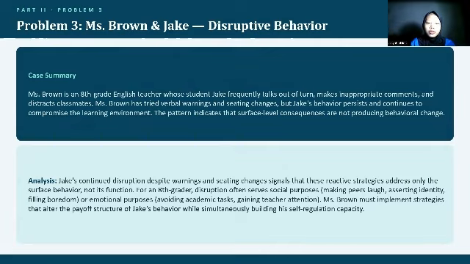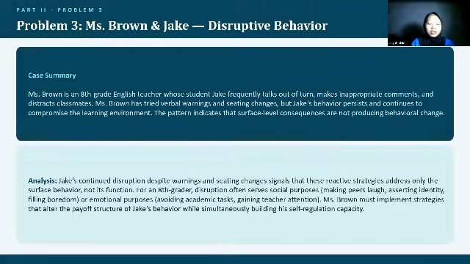Miss Brown has tried verbal warnings and seating changes, but Jack's behavior persists and continues to compromise the learning environment. The pattern indicates that surface-level consequences are not producing behavior change.